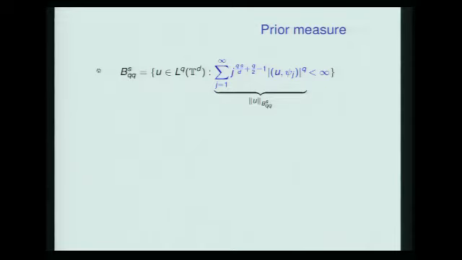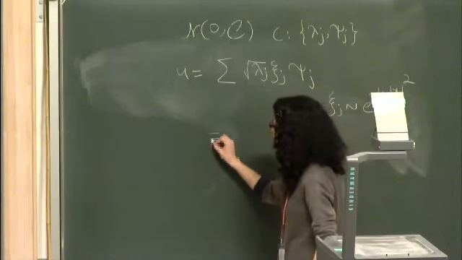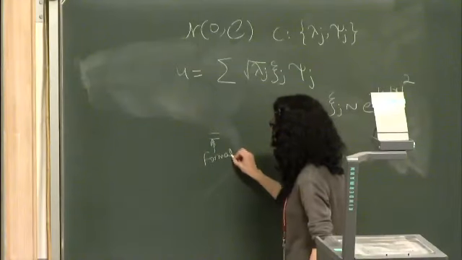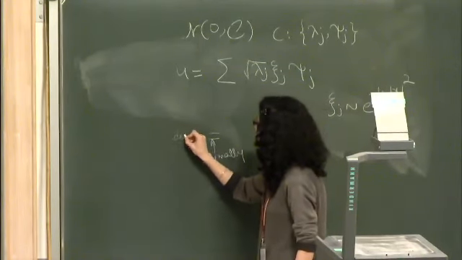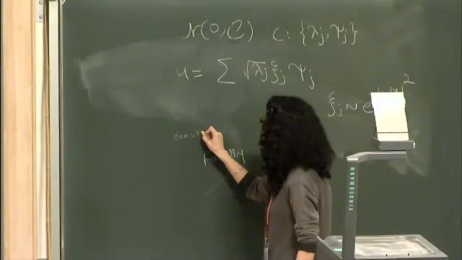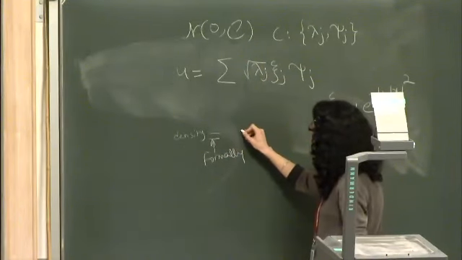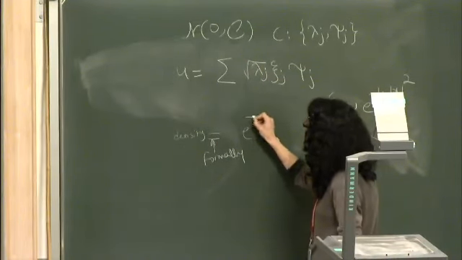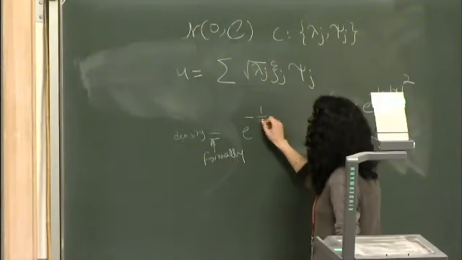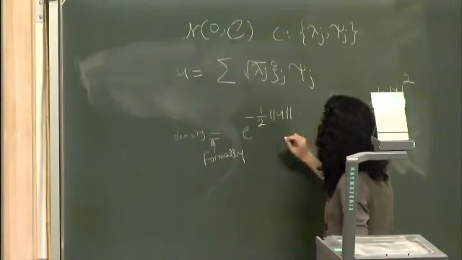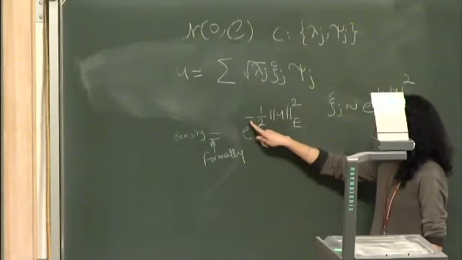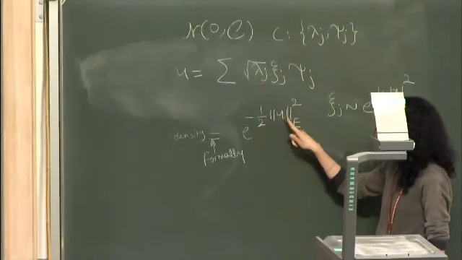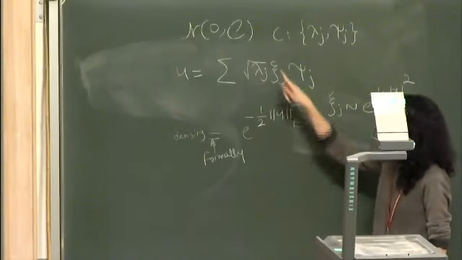Now, again, going back to the Gaussian, formally you can say, just formally, because you know that you don't have any density, that the density is equal to e to the power of minus a half the norm of u in the Cameron-Martin space to the power of 2.